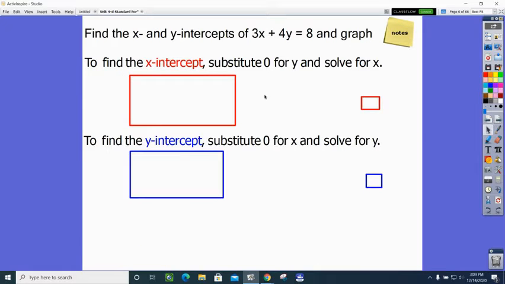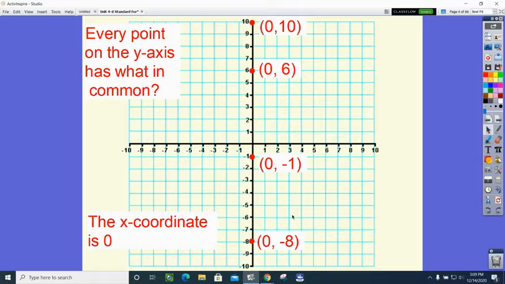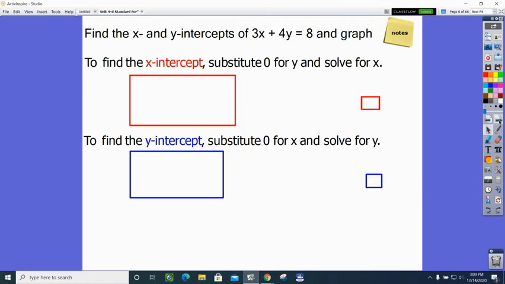So taking that idea, I'm going to give you an equation that's in standard form. Remember, for the x-intercept, for it to cross the x-axis, the y has to equal 0. And for it to cross the y-axis, the x has to equal 0. Kind of an opposite thought there.